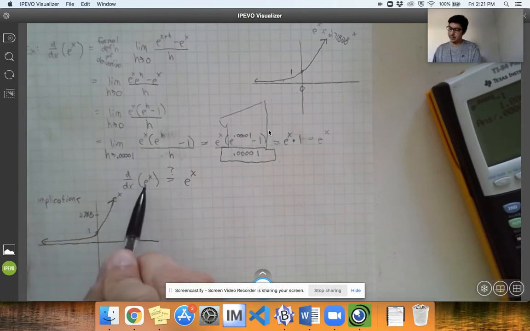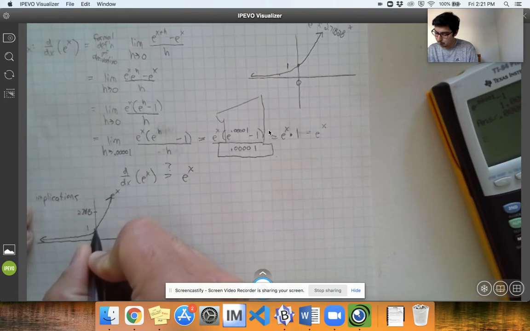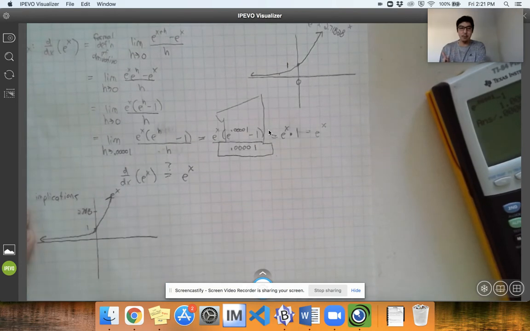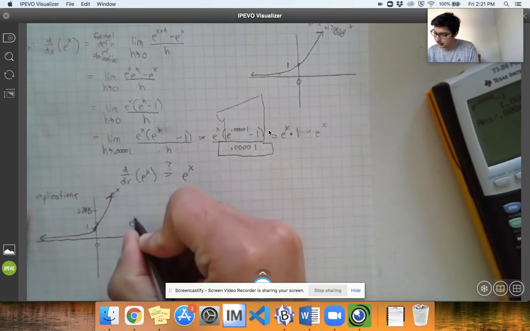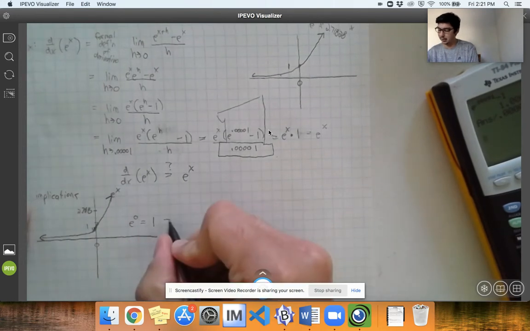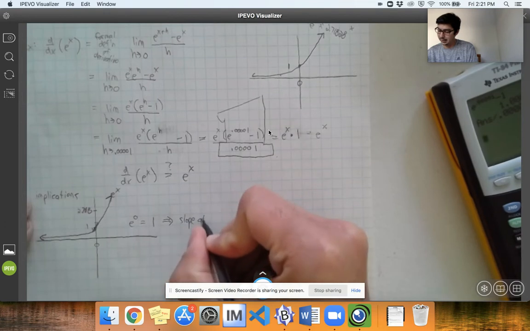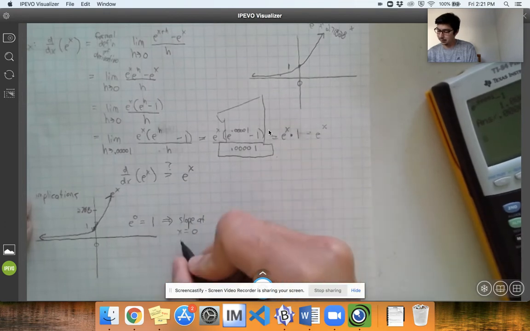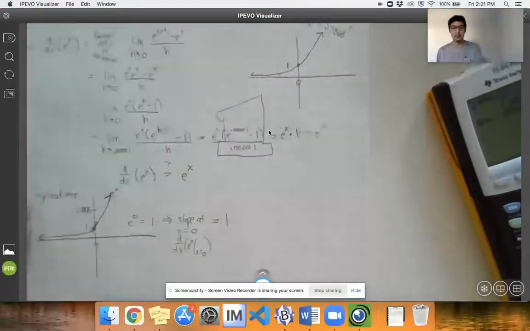Since the derivative of e to the x is equal to e to the x, that means that the slope at any particular moment is equivalent to its output at that value. So at 0, e to the 0 is 1. What that also implies is that the slope at x equals 0, or the derivative at 0, d/dx of e to the x at x equals 0, is also equal to 1.